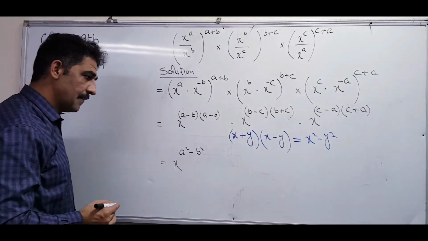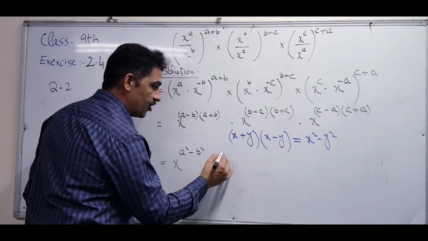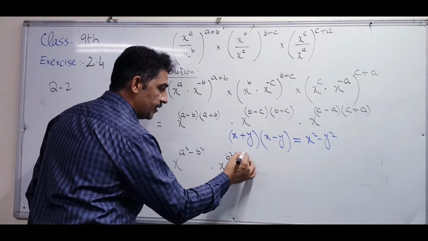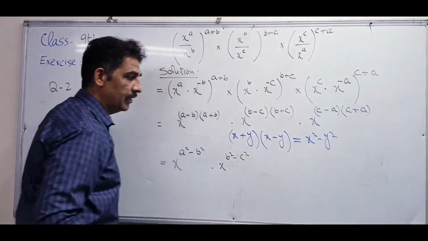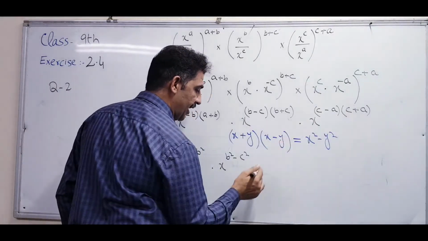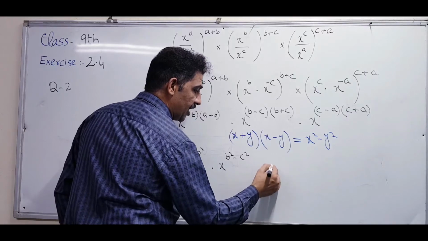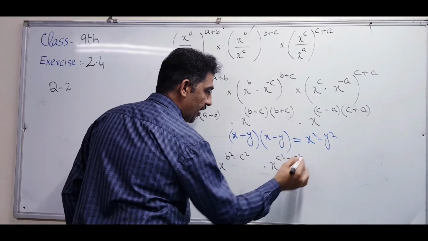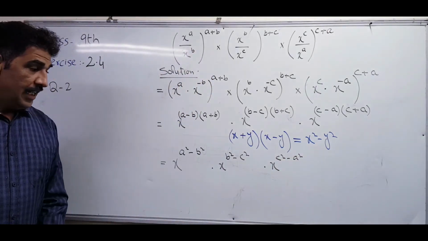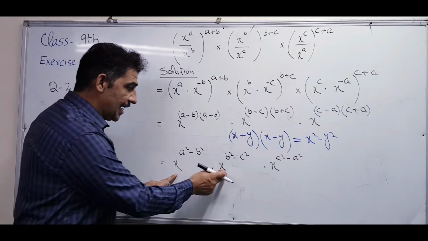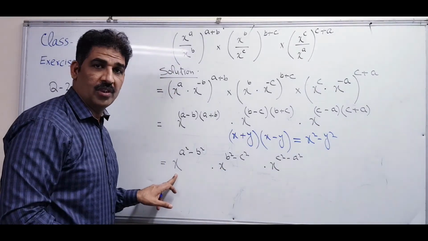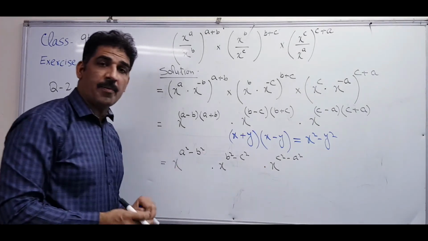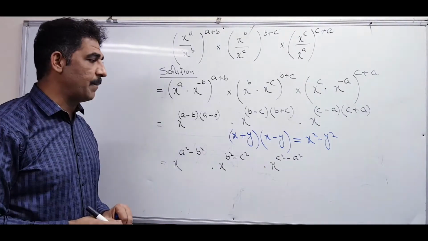Correct? Good. Again sign of multiplication: b square minus c square. The same formula applies. Sign of multiplication: c square minus a square. If you see that one, all variables x are the same. Which operation is between them? Multiplication.